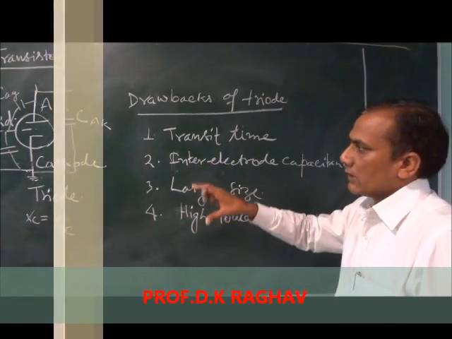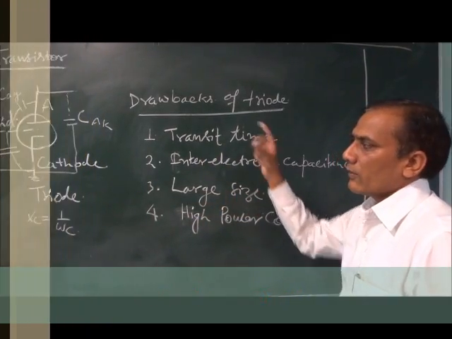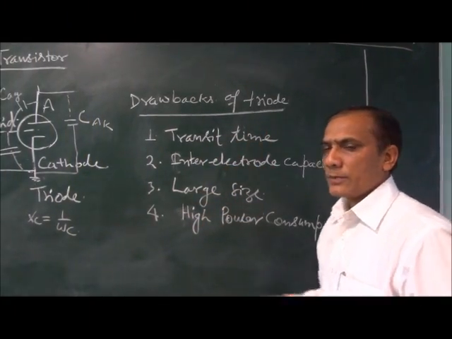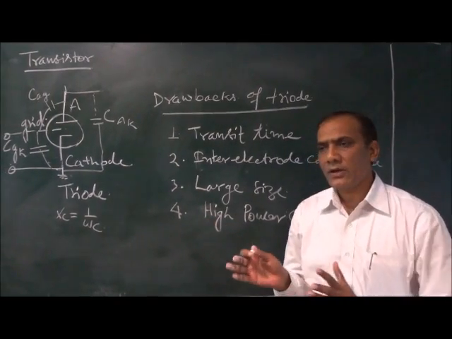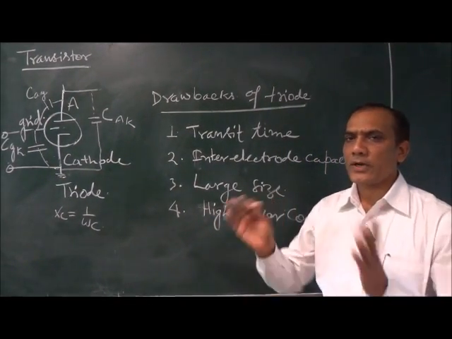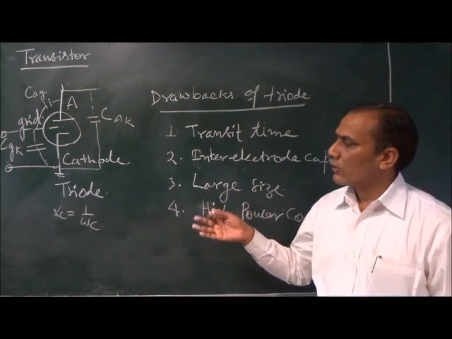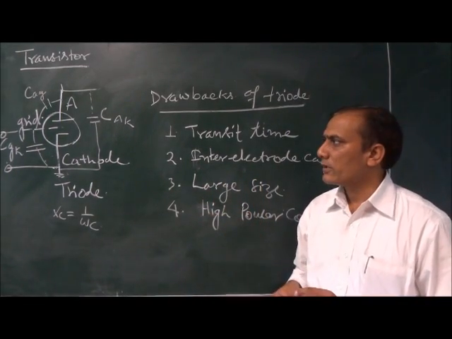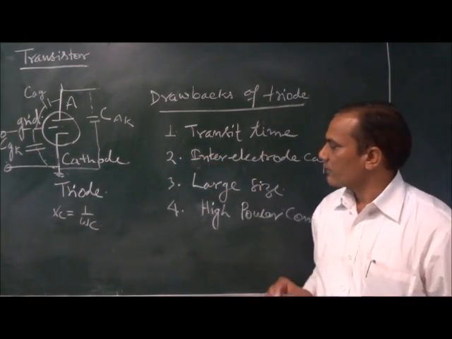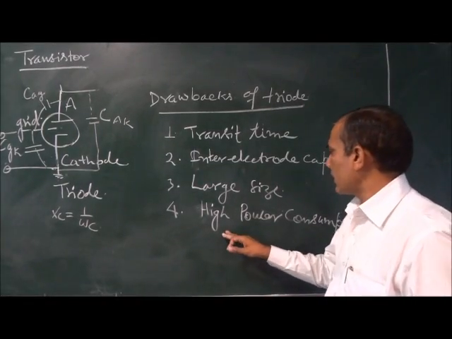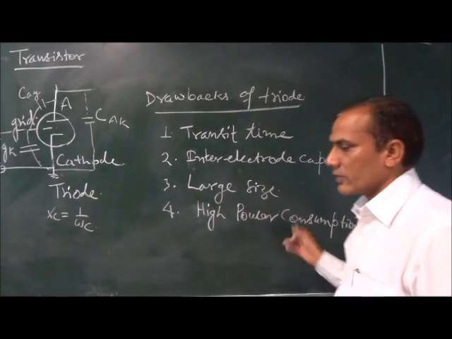As the tube had a larger size, it occupied a lot of space on the PCB, or you can say in the module of a particular equipment. So the overall size of the equipment was large. Then we come to high power consumption.